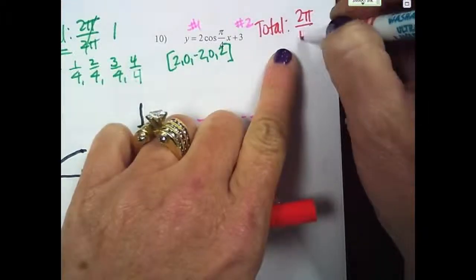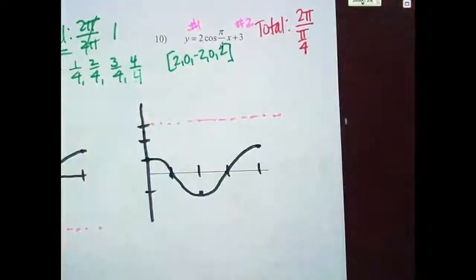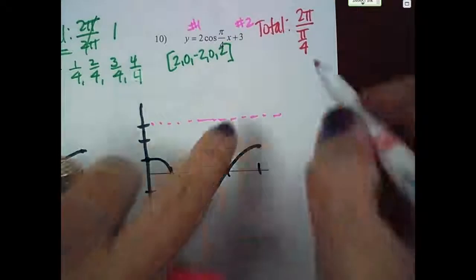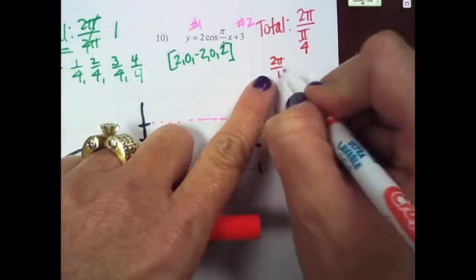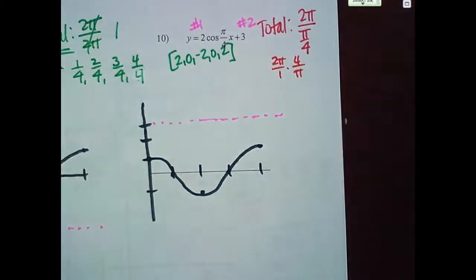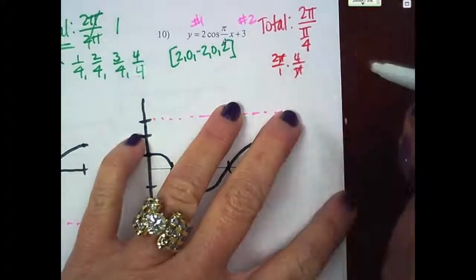Two pi divided by pi over 4. What's that going to look like? What do you do when you have a fraction in the denominator? You have to flip it. So 2 pi over 1 times 4 over pi. What's going to happen to the pi's? They cancel. Just like they did before.